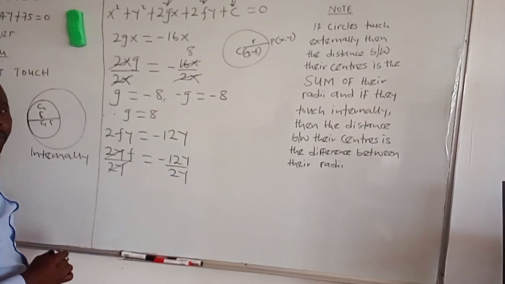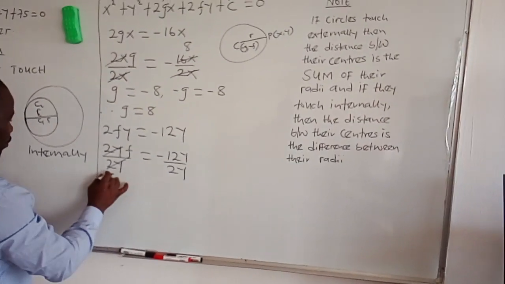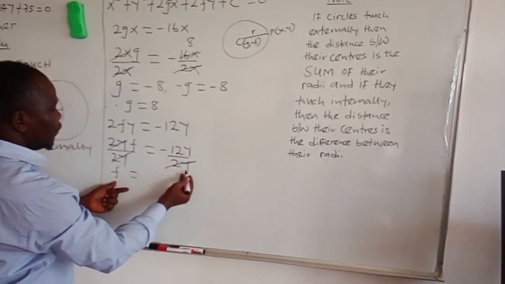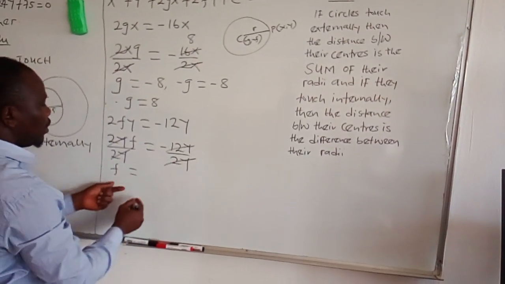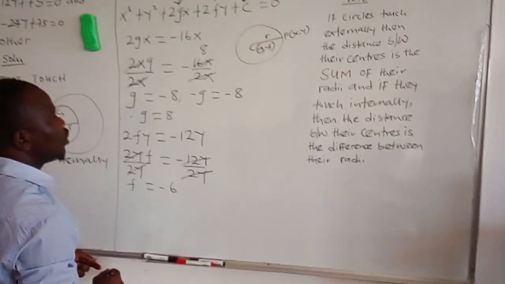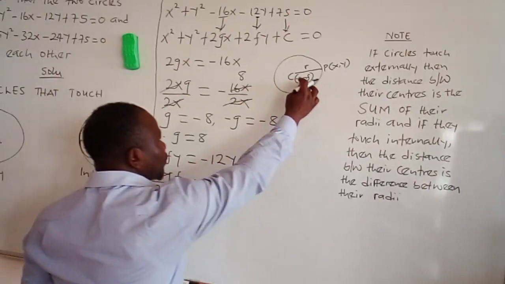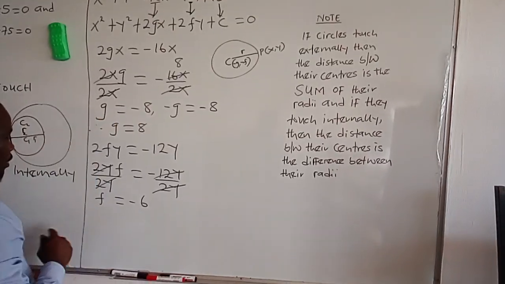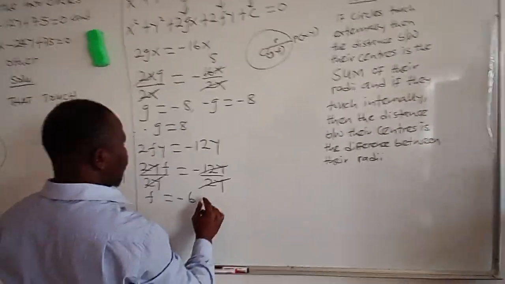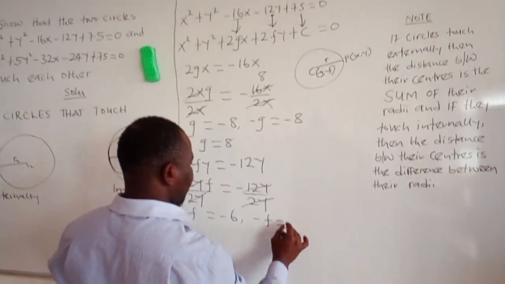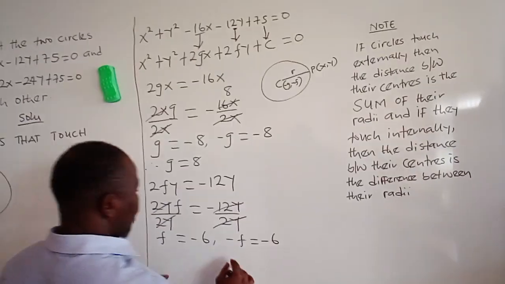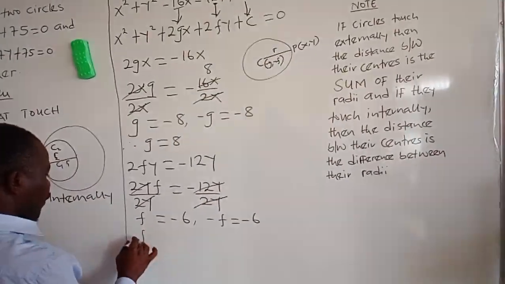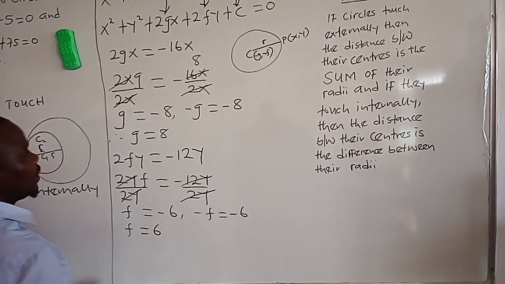This will cancel, and we'll be left with f. Then this to itself 1, this to this gives us minus 6. But remember that your center f is always negative. So minus f is equal to minus 6. Then multiply through by the minus, we have f equals 6.